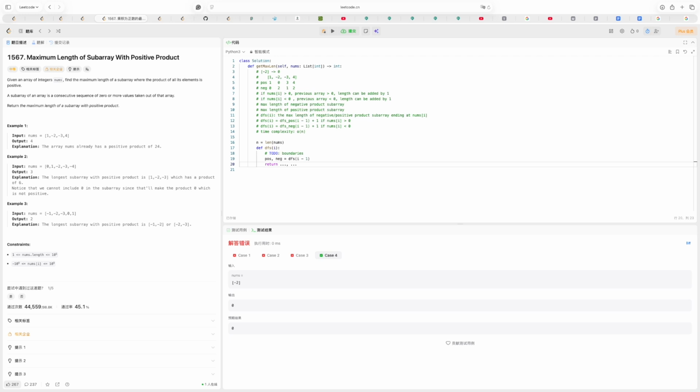So I will have positive, okay, so say if the current value, yeah, I think this will be easier.